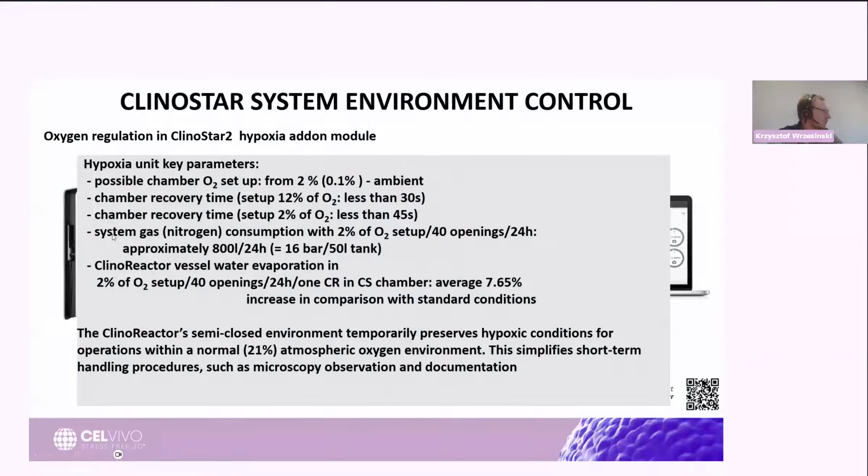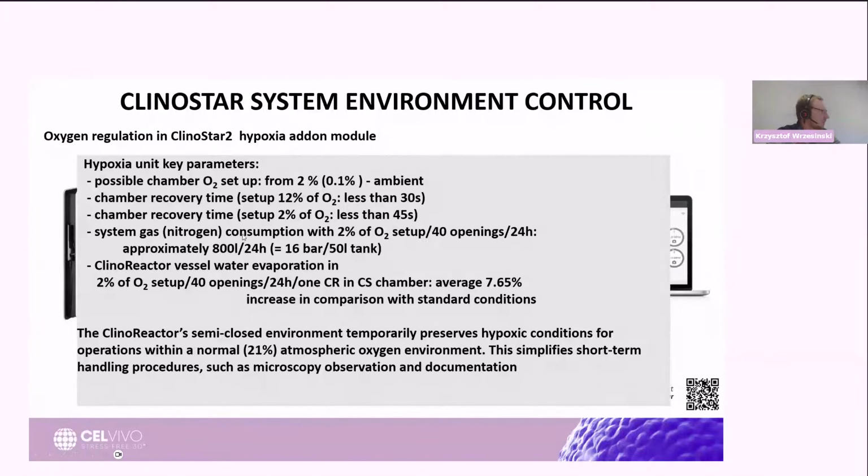And what is also very important is that we use a very small amount of nitrogen gas to regulate the atmosphere. That is due to the special shape and size of the ClinoStar cell chamber.